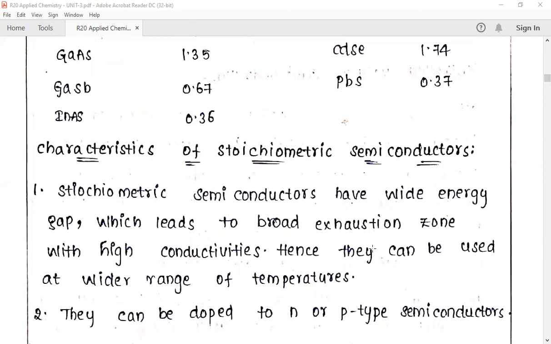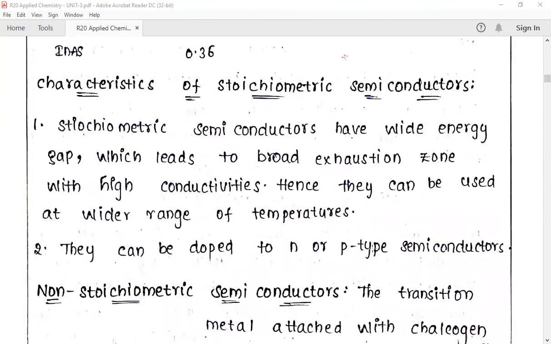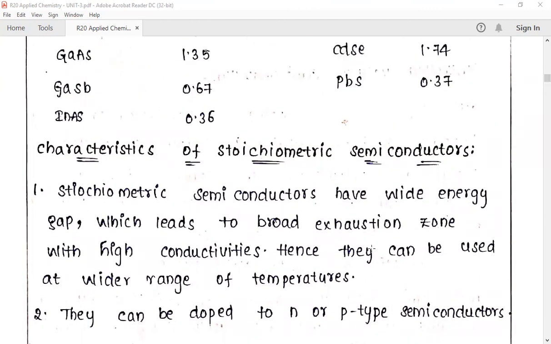It is possible to alter the energy gap of these semiconductors by substituting one of the elements in its composition by an element of lower atomic number belonging to the same group.